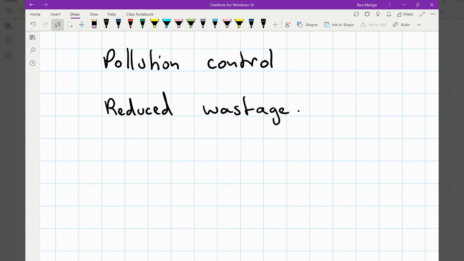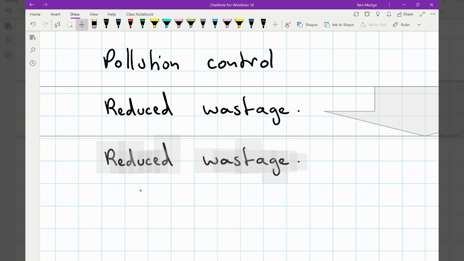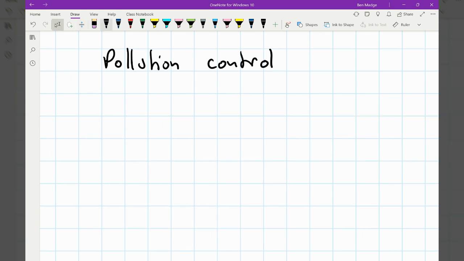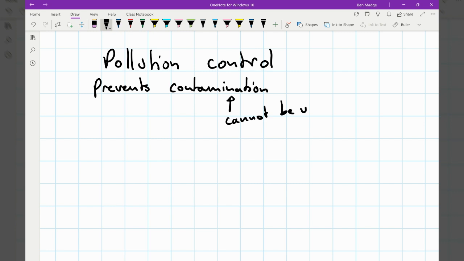Pollution control then is really important because it prevents water from being contaminated. Which would then mean it cannot be used if it's contaminated. Cannot be reused, and it's more expensive to treat.